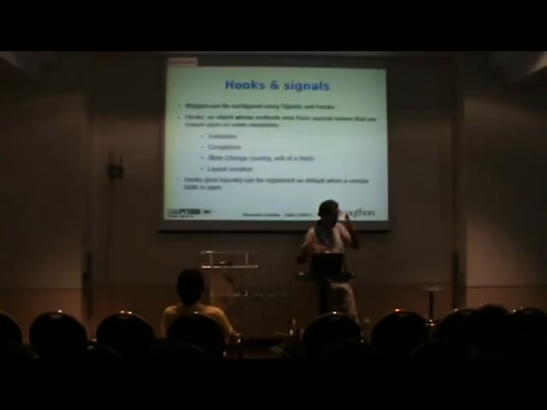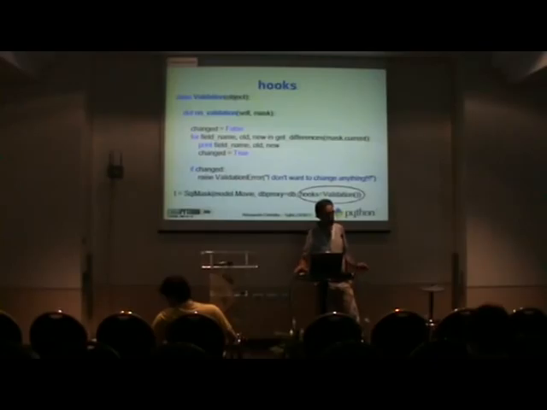I'll try to hurry up a little bit. I provided a mechanism of hooks and signals so that you can configure any widget in a simple way and in many different places, like validation, completion, change, state change, layout creation. Hooks are something like this.